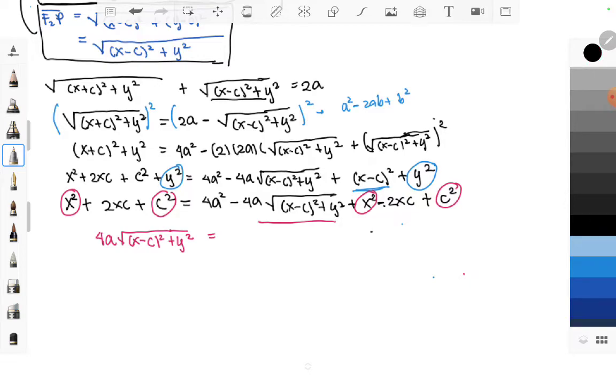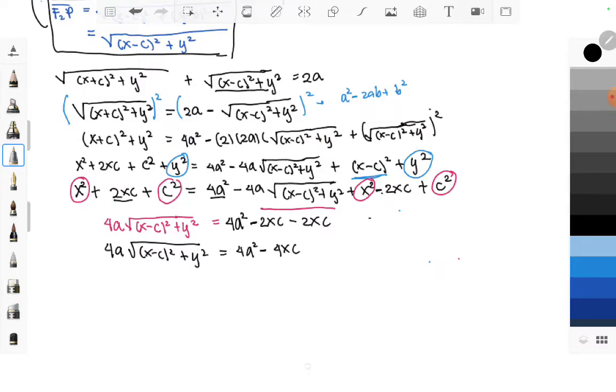Okay, this will remain here. We have 4a square, and I would transpose my 2xc, so we'll have negative 2xc minus 2xc. So here I will have 4a multiplied by the square root of x minus c square plus y square is equal to 4a square minus 4xc.